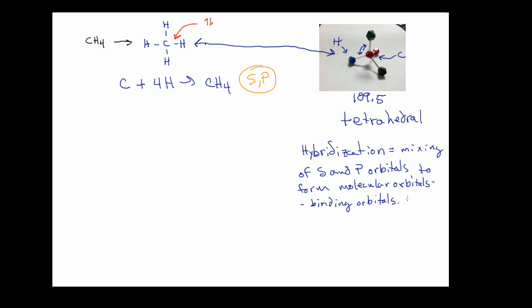All right. And furthermore, and I'm going to abbreviate this, hybridization gives the arrangement of electron pairs around a central atom, all right, and these electron pairs are of 2 types.